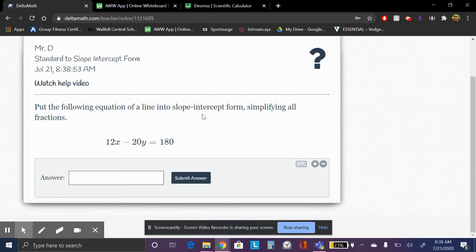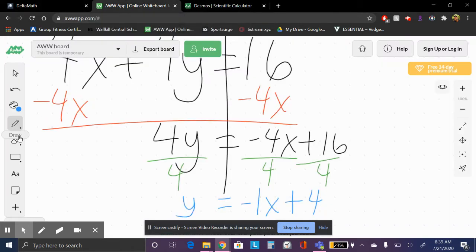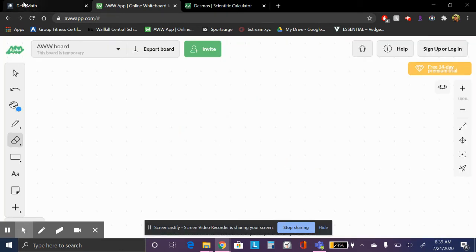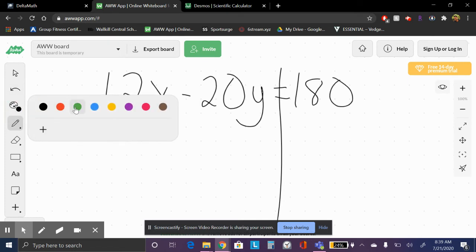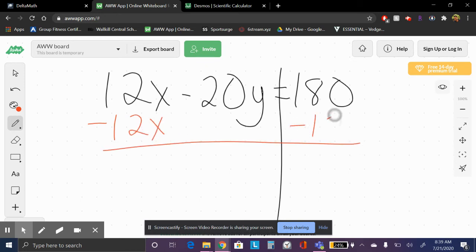All right, right here: 12x minus 20y equals 180. Again, I want to get y by itself, so you have to subtract 12x from both sides. These cancel out.